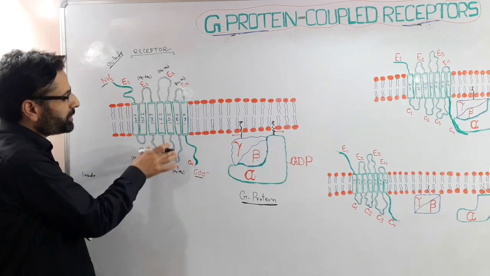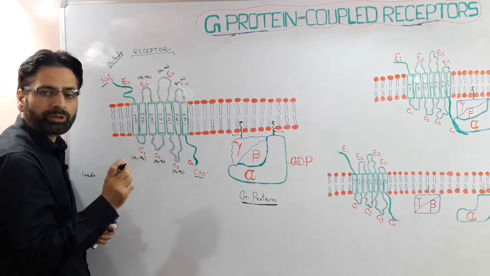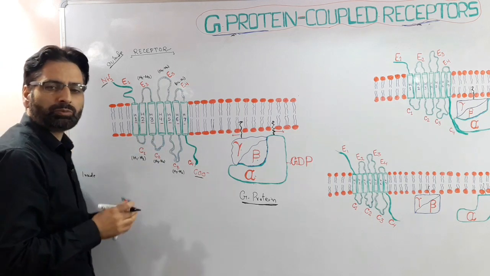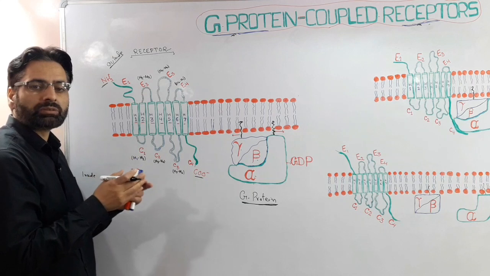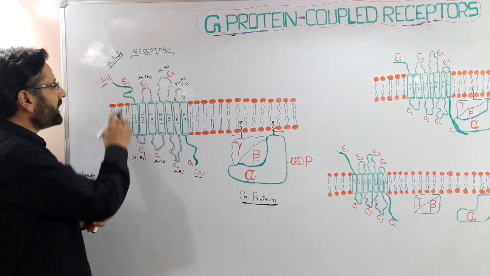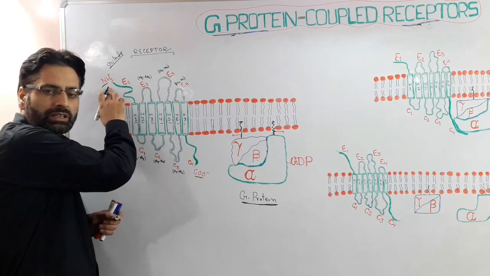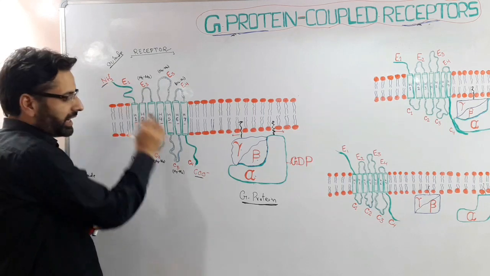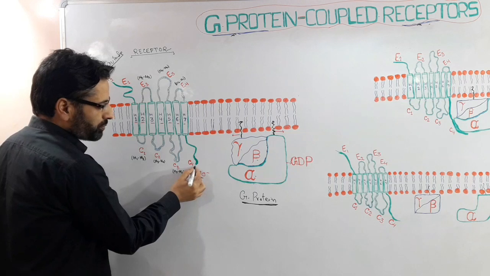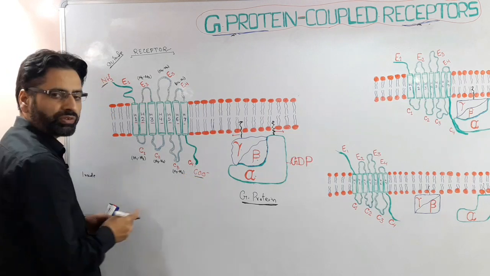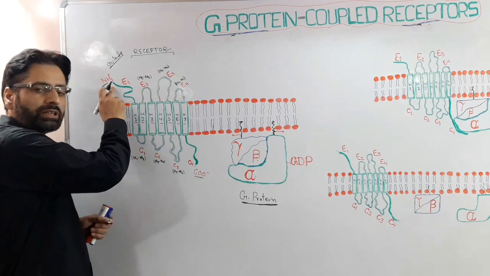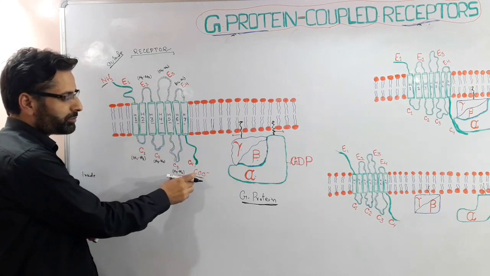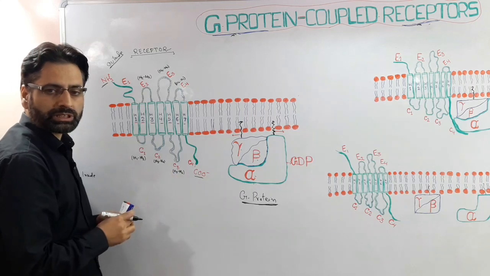This transmembrane protein is a single polypeptide chain, and like any other polypeptide chain, it has two ends. One end is called the amino terminal, having the amine group free, and another terminal is the carboxyl terminal, having the carboxyl group free. This amino terminal is towards the extracellular side of the cell, and this carboxyl terminal is towards the cytoplasmic side of the cell.